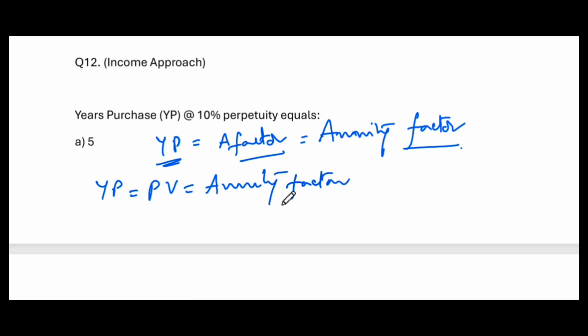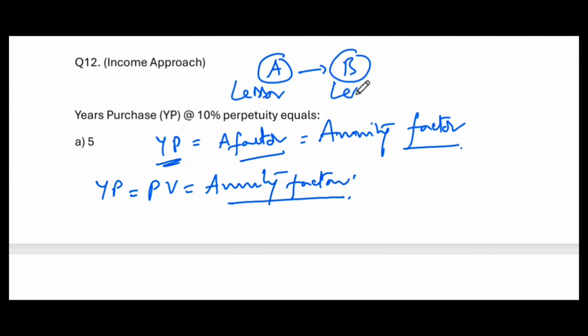So what is the concept behind it? There is a lessor A, there is a lessee B. A has a property, a beautiful property beside the road.